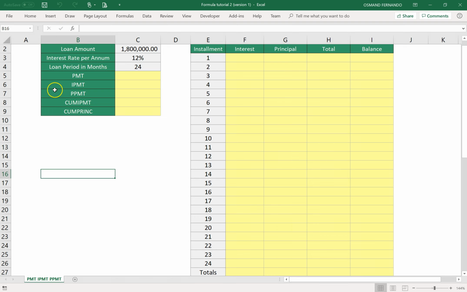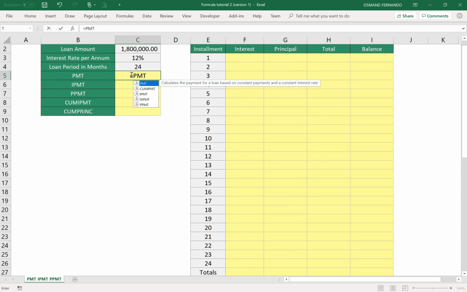Our first function is PMT. What is the meaning of PMT? It looks like payment, isn't it? But let's see the description of the PMT. Let me start typing the formula PMT. Now you can see the description: calculate the payment for a loan based on constant payments and a constant interest rate.